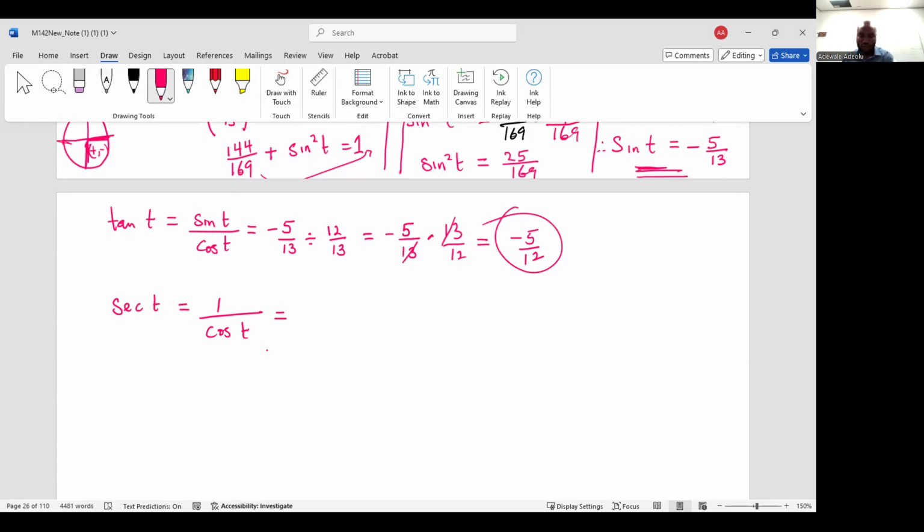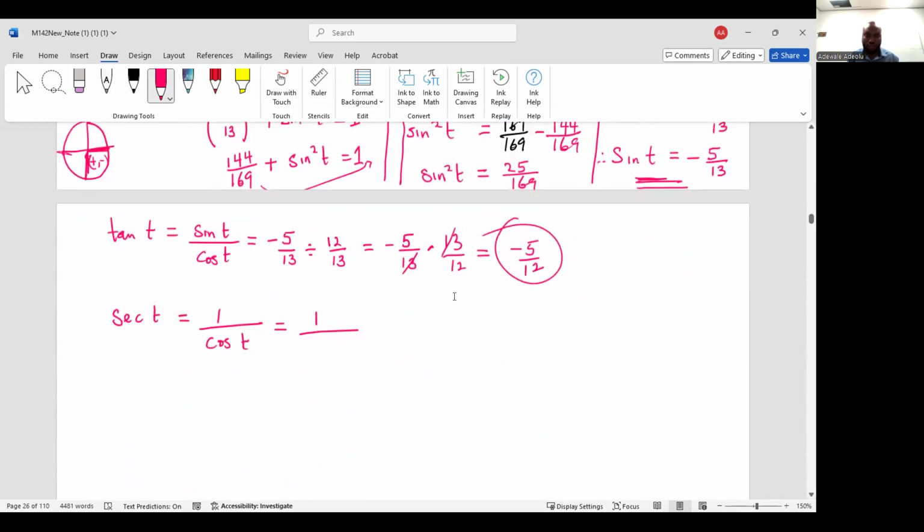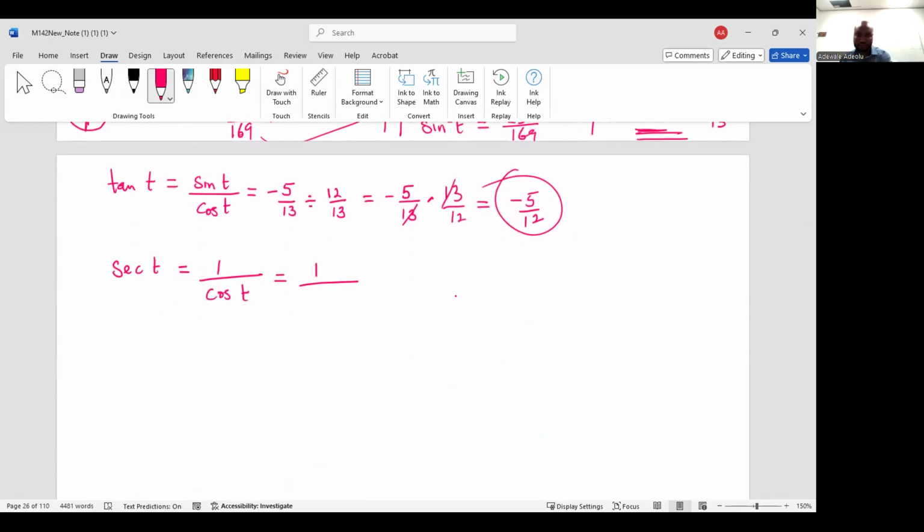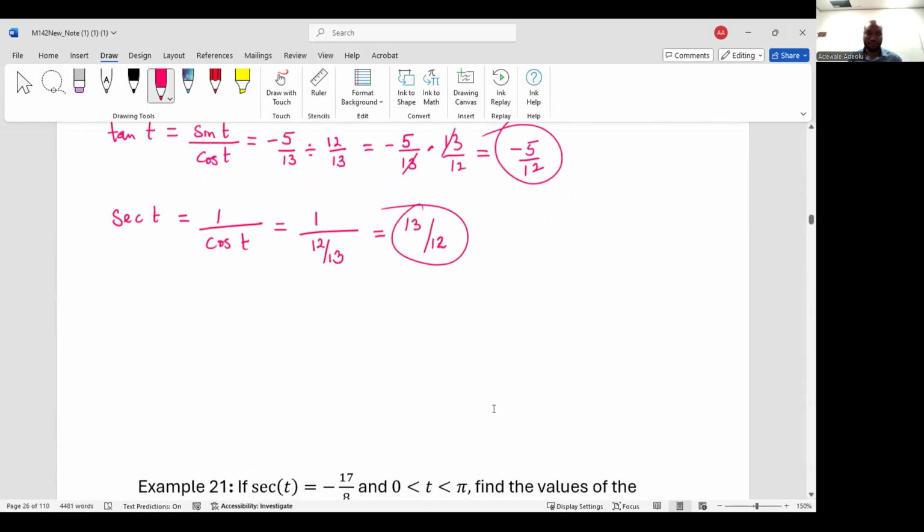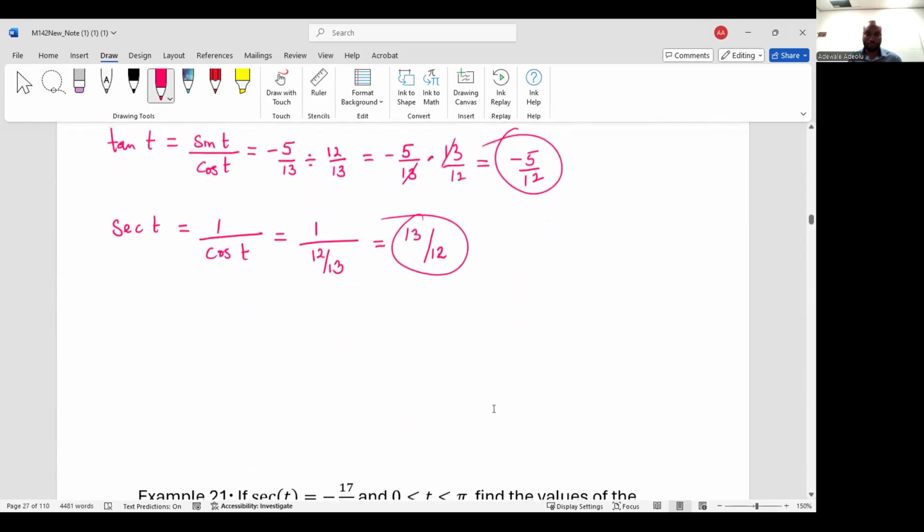That is 1 over cosine of t. We were given cosine of t to be 12 over 13. So if we flip that, our answer is 13 over 12. So that is secant of t.